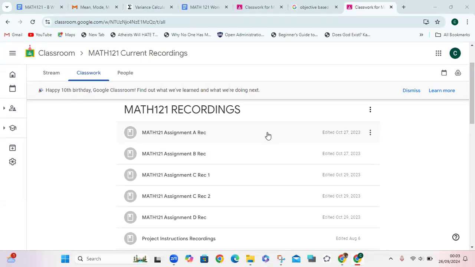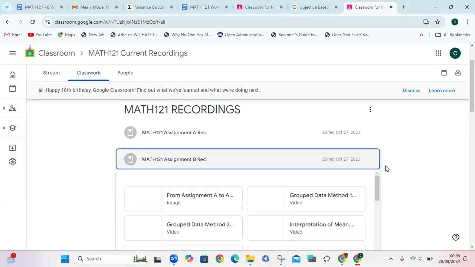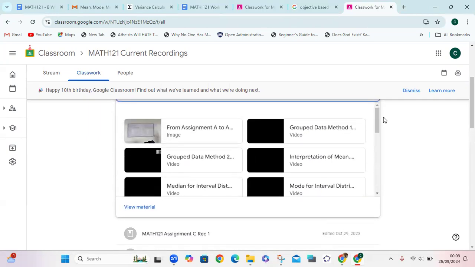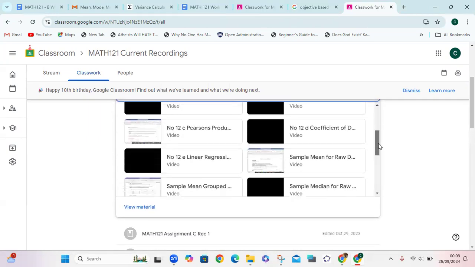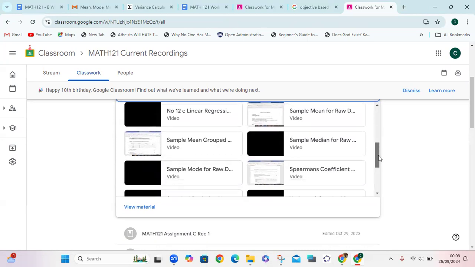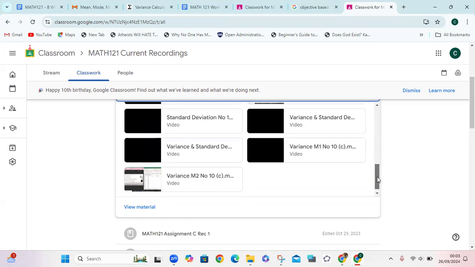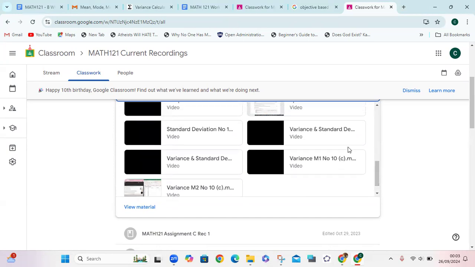When you join TR6 E2WI, you go to Map 1-to-1 Recordings, Assignment B, Worksheet B, and here you've got recordings to calculate variance and standard deviation using raw data. There you have it.